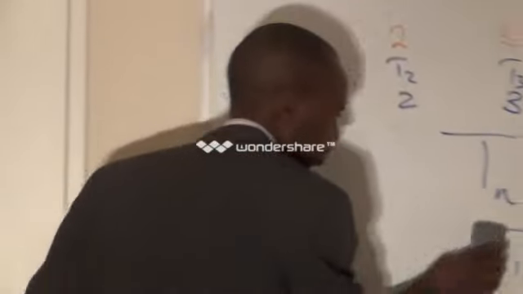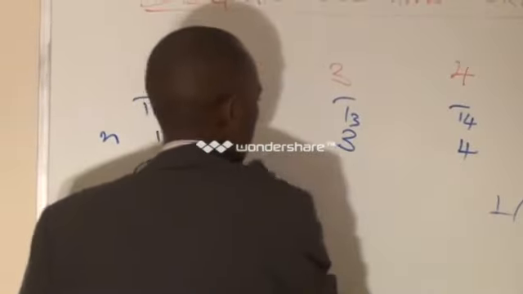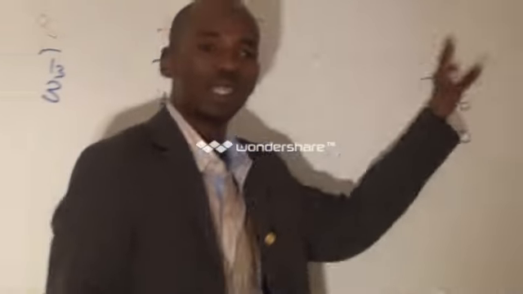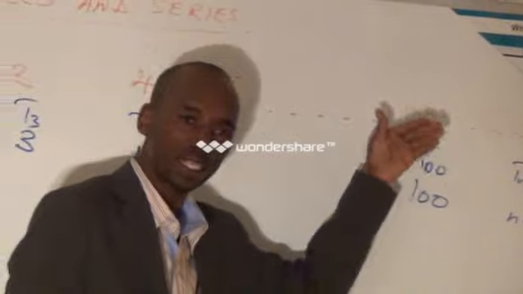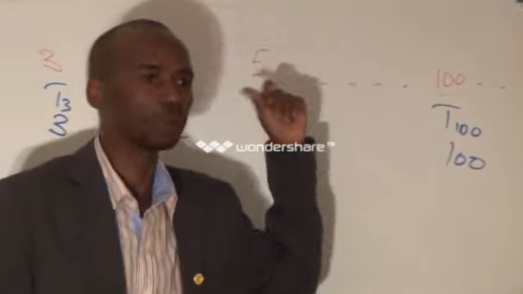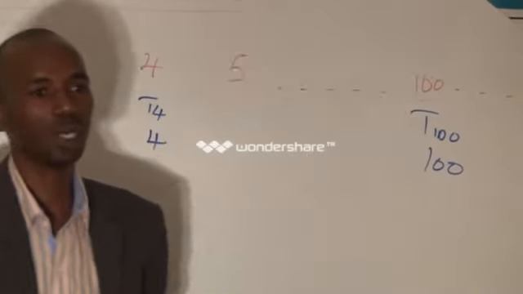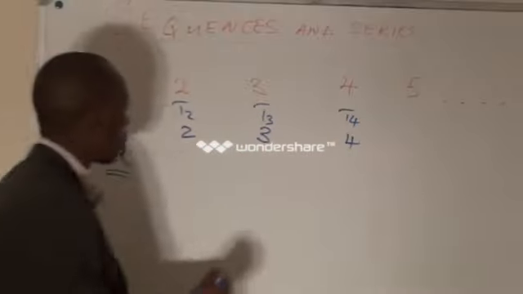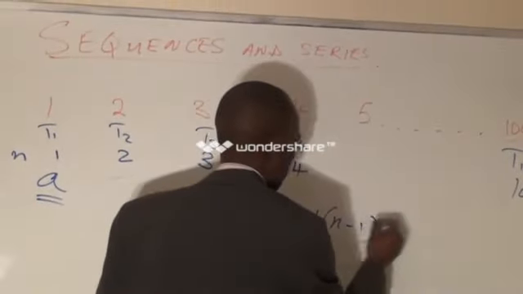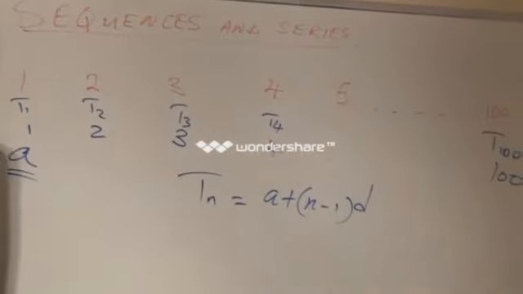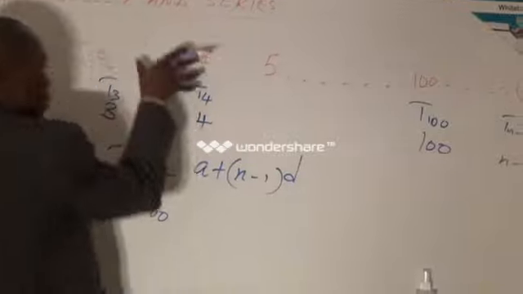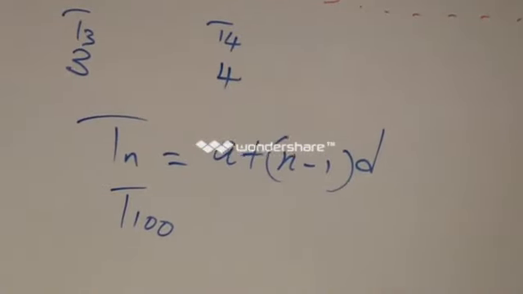If you want to find T100, say, as an example, we know in this sequence, our 100th term is 100. Can we use that relationship to find the 100th term? We say, okay, fine. For T100, we know that Tn is equal to A plus n minus 1 D. Now, if someone says, find your T100 for this sequence, you say, okay, cool.